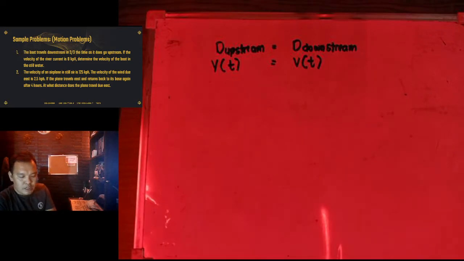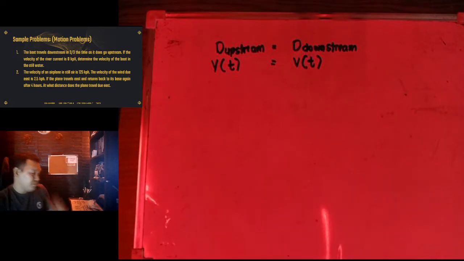So, let's anuhin muna natin yung upstream. So, si upstream daw, sabi, the boat travels downstream in 2/3 the time as it does go upstream. So, kung ang travel mo ay upstream ay ganito, kung ang travel ni downstream ay ganito, pag trinavel mo siya upstream is magta-times 2/3 lang ng downstream mo, no?